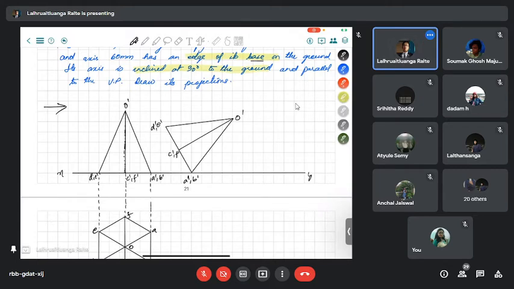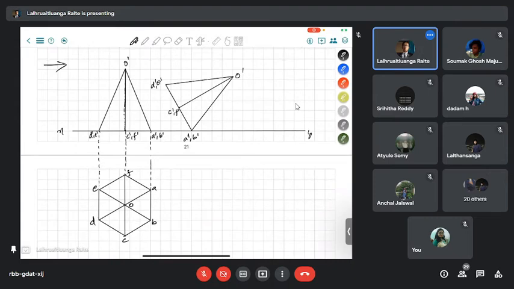Okay, so from here I make sure that the angle this makes is 30 degrees. All right, so from here, I'm going to project point-wise, point by point.